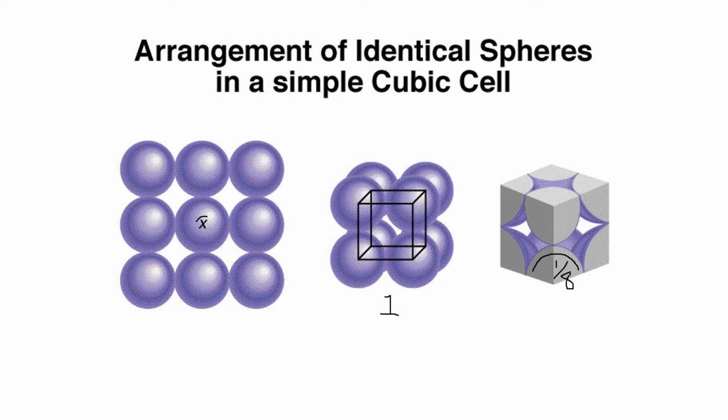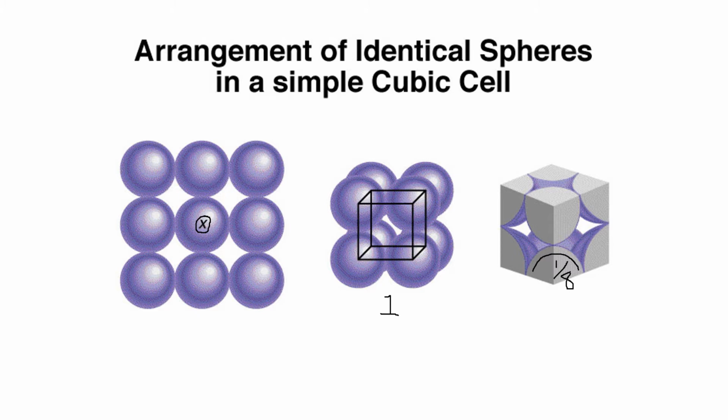Another way that we can look at the efficiency, or, well, it relates to efficiency, is if we take a particular atom and we count the number of other atoms that it's in contact with in that unit cell or in the crystal structure. So remember, these are going to be layered, and the layering pattern for a simple cubic cell is AAA. So every layer looks like this, and they stack right on top of one another.